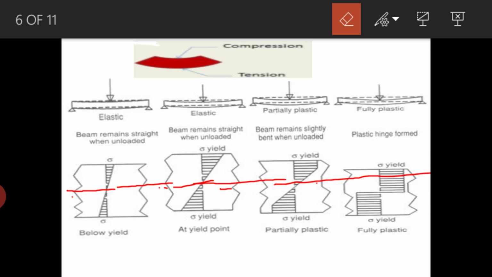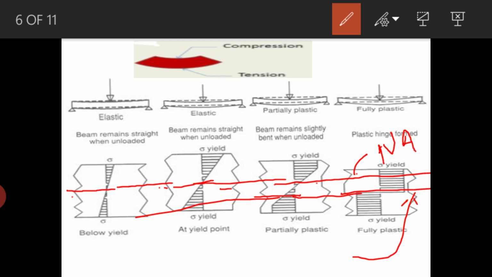Here we get the plastified neutral axis. This is called the plastified neutral axis, and this is the neutral axis, and this one is the equal area axis, that is the plastified axis. This is called the equal area axis.